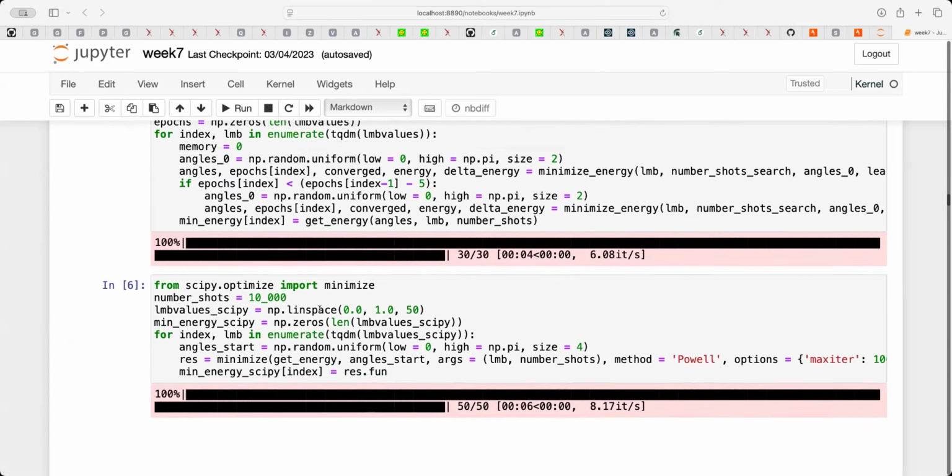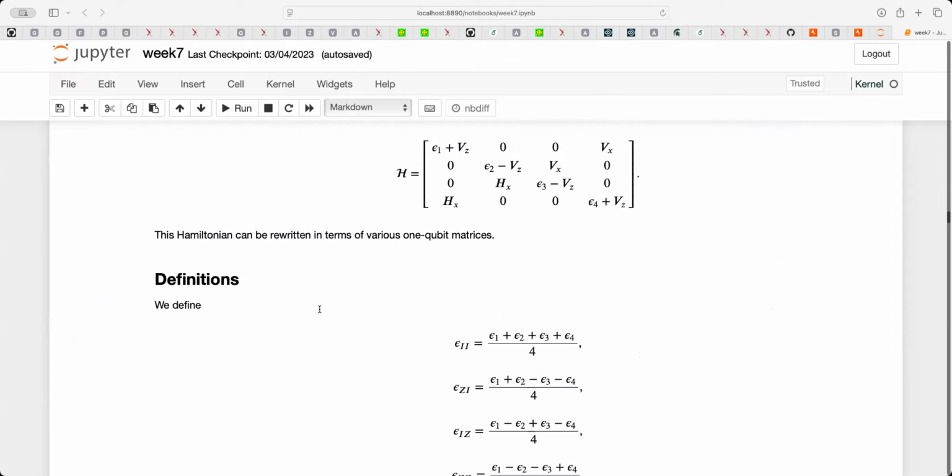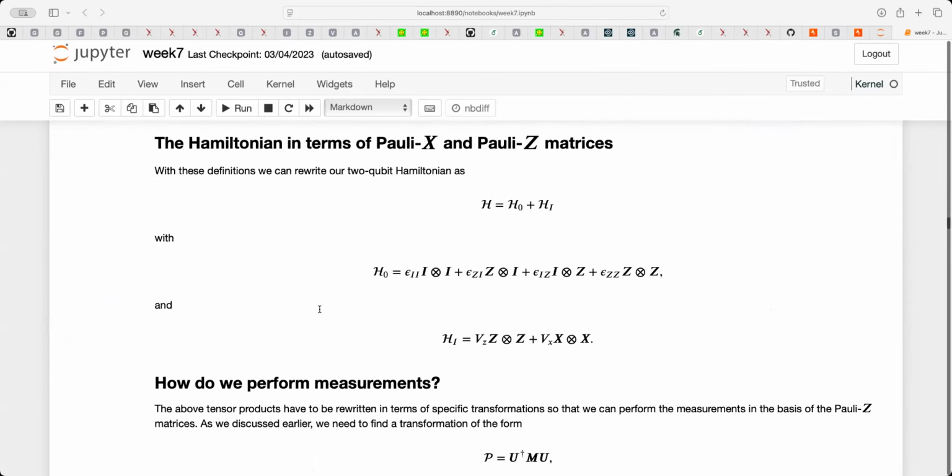So now we are going to look at how we can transform all these other matrices, except the Z tensor product I, into something which looks like that.